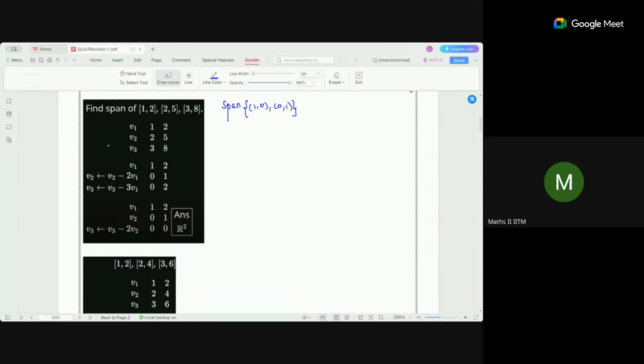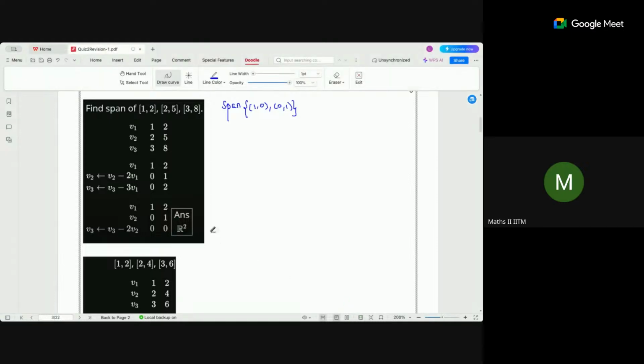So now you have a different set of vectors: (1, 2), (2, 5) and (3, 8). Now we want to see what the span of this set is. For this we do the row reduction, right? When we do the row reduction, what is the last step here? There is one more step if you want to do.